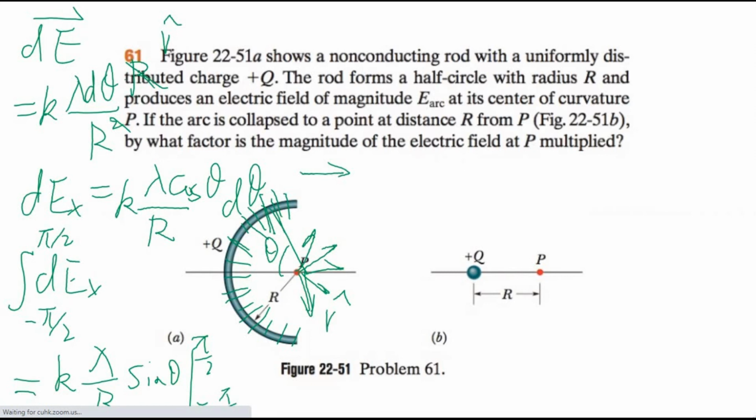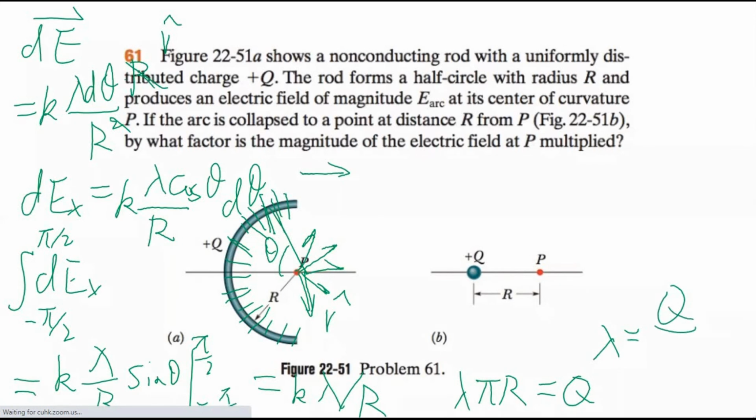So eventually it will become K lambda over R. And also you can check that lambda multiplied with the length, which is half the circular length, so that's pi r, equals Q. So lambda is just Q over pi r.